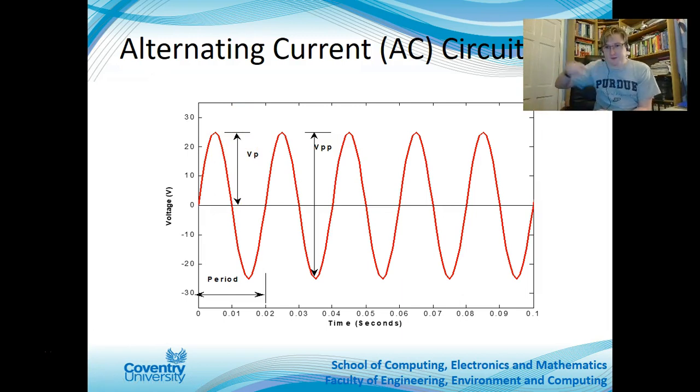Is it a small waveform like that, or a large waveform like that? You've got the peak to peak, which goes from one peak to another to give you the whole range of voltage. The time it takes for one complete oscillation, to go up and come back to the same point, is called 1 period.